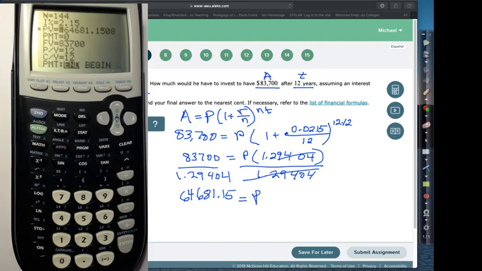Basically, we take $64,000 out of our pocket, invest it somewhere in a bank or with someone who pays us 2.15%, and our child is then able to have $83,700 in the future. Notice that's exactly the same answer we got here, 64,681.15. Same deal, either way you want to do it.